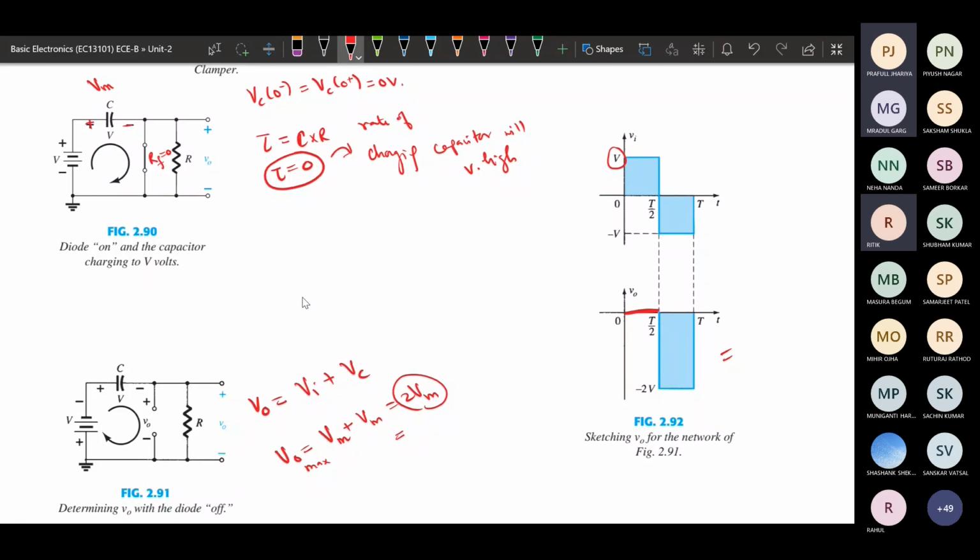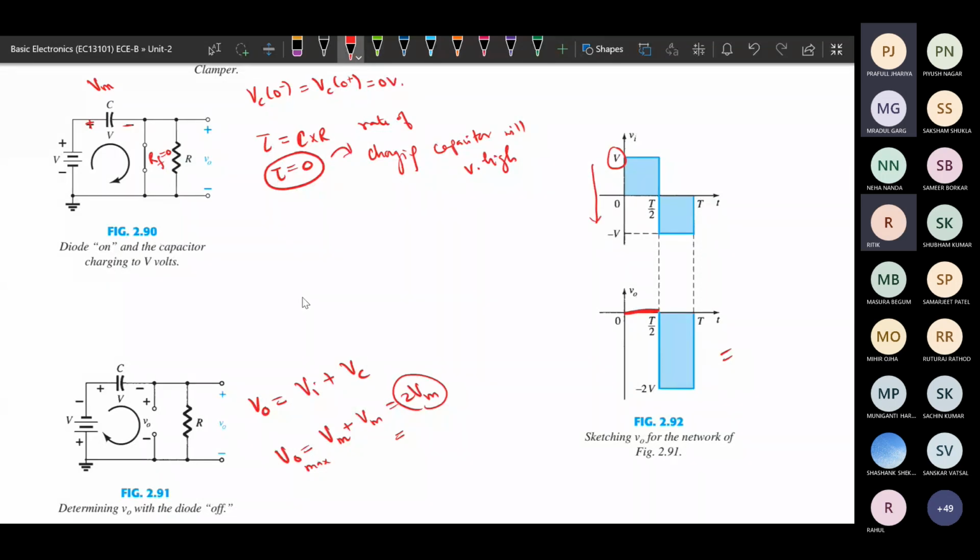Here it looks like we are clamping this waveform in the negative direction, or we can just see that we have shifted it downward.